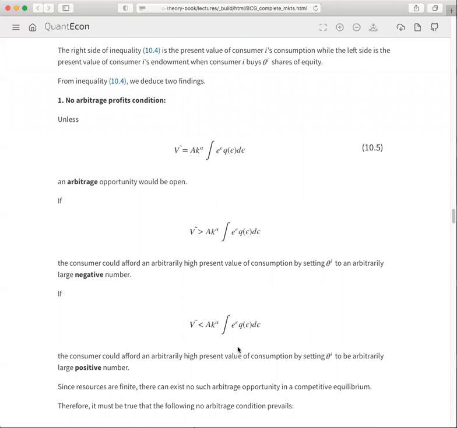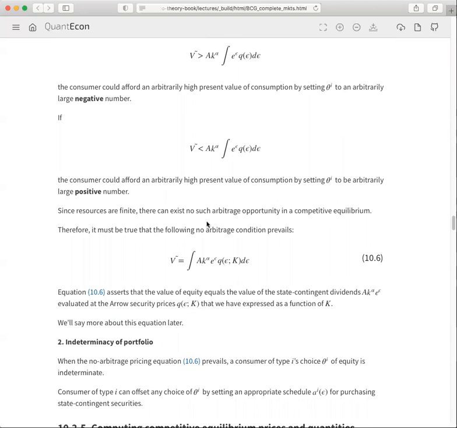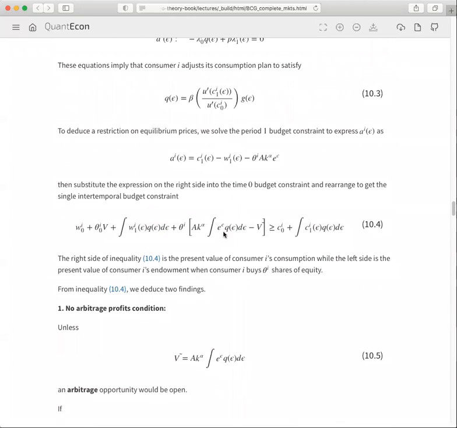So go look at this argument. This is a common arbitrage argument. So that's the way to derive the value of equities. Okay, so that's one thing we get from this.